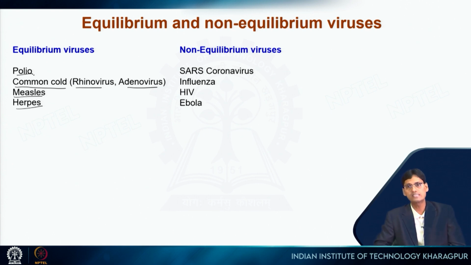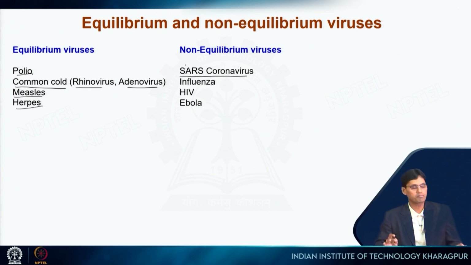They cause disease to humans, that is true, but in most cases humans suffer a little bit, not that much lethal. But if you see non-equilibrium viruses like SARS coronavirus, so SARS is severe acute respiratory syndrome coronavirus, influenza virus, HIV, human immunodeficiency virus, and Ebola virus, all of them are non-equilibrium viruses.